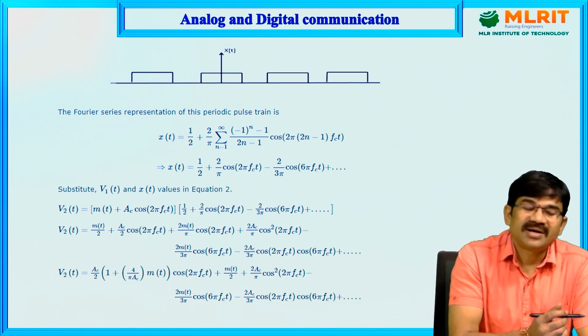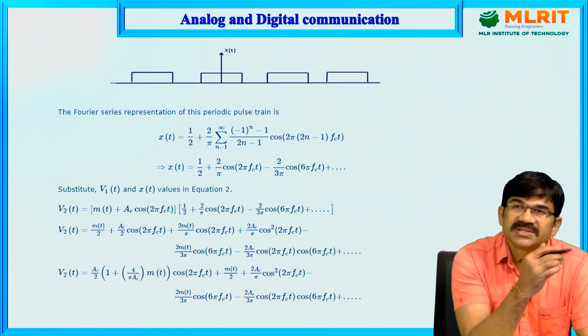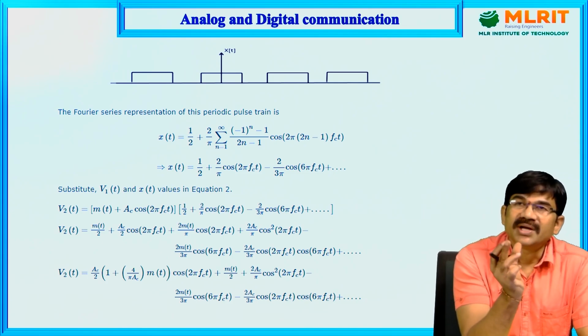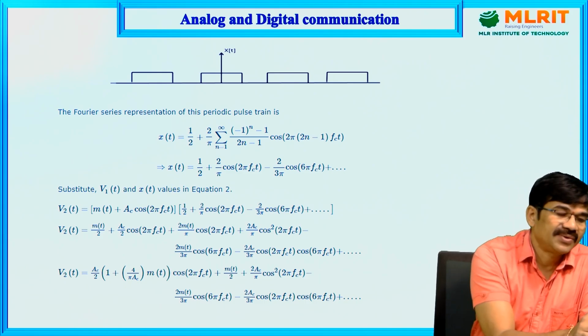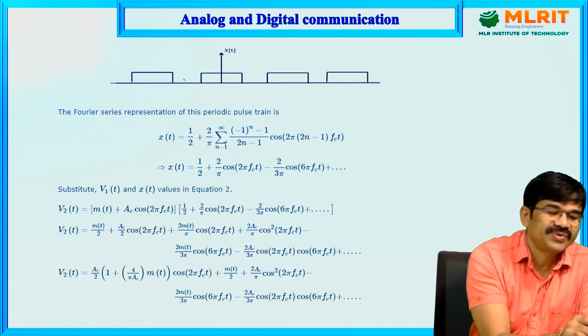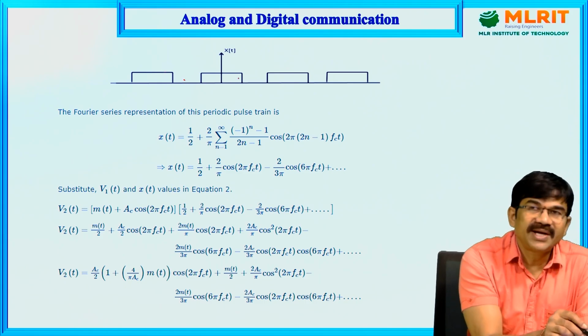Based on the amplitude of the carrier, the diode is on in a particular duration and off in another duration. So the periodic rectangular pulse x of t can be represented graphically like this.